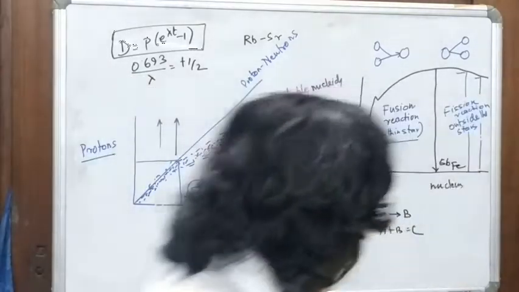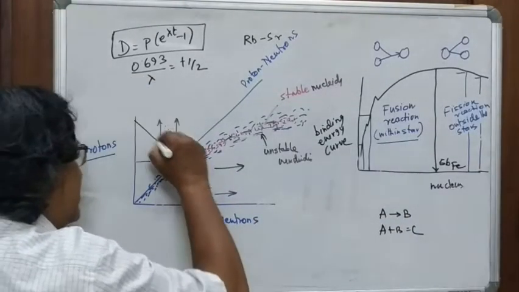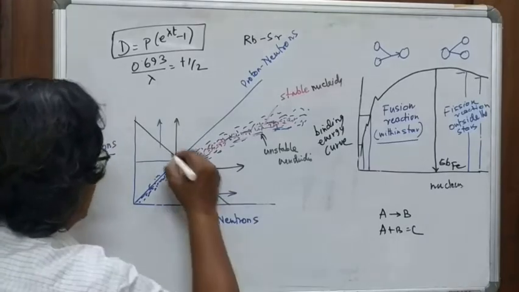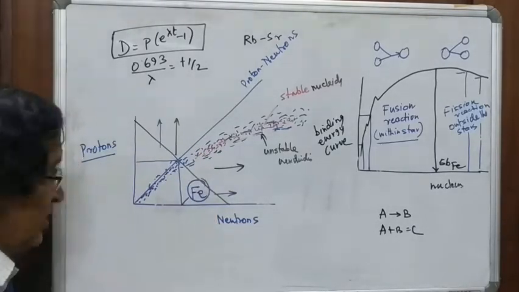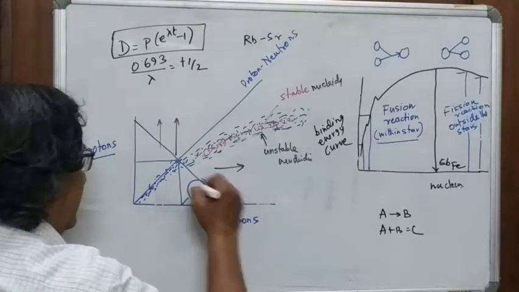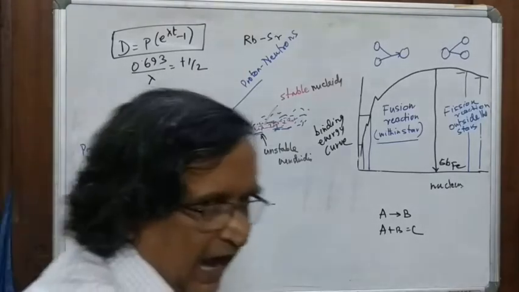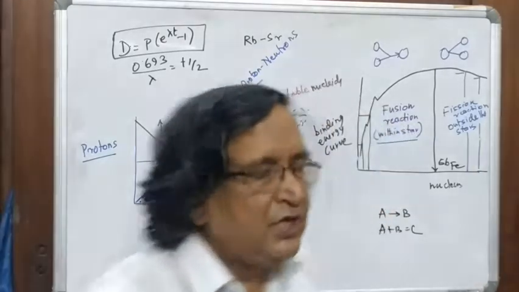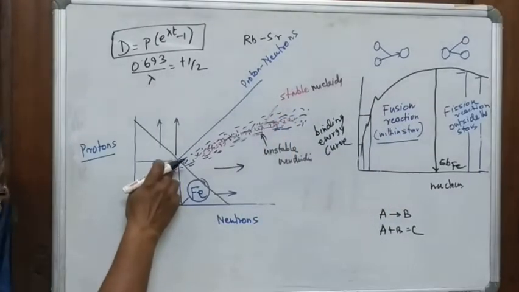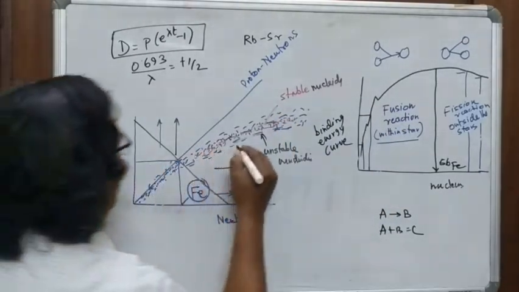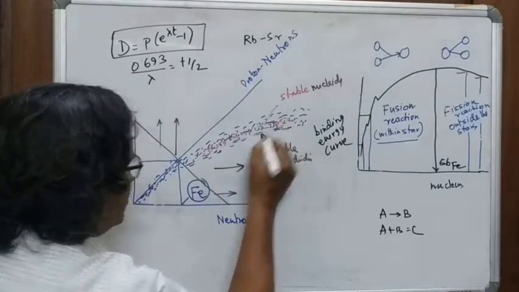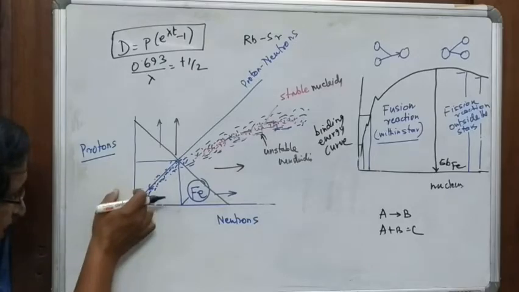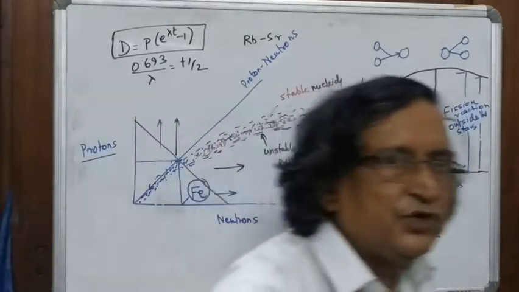For all elements, say for example from iron-56, you see this line is called the mass number because it is the number of protons plus the number of neutrons. Till here, where you have iron-56 and the transition group of elements, they have values close to x equal to z. Beyond here, the number of neutrons is much more than the number of protons. Only here are the numbers of neutrons and protons the same.